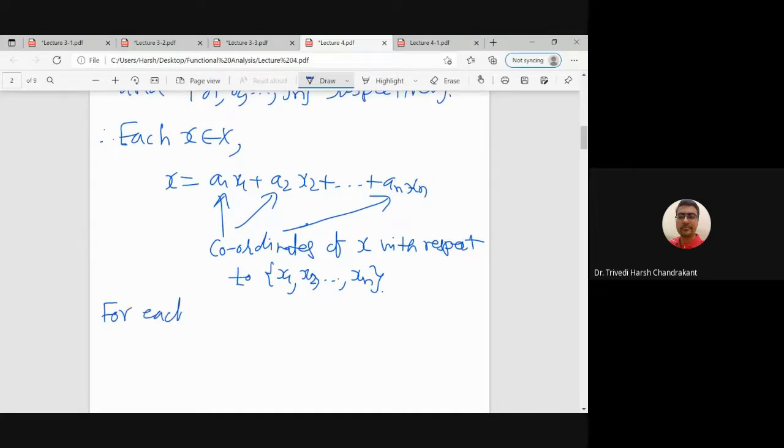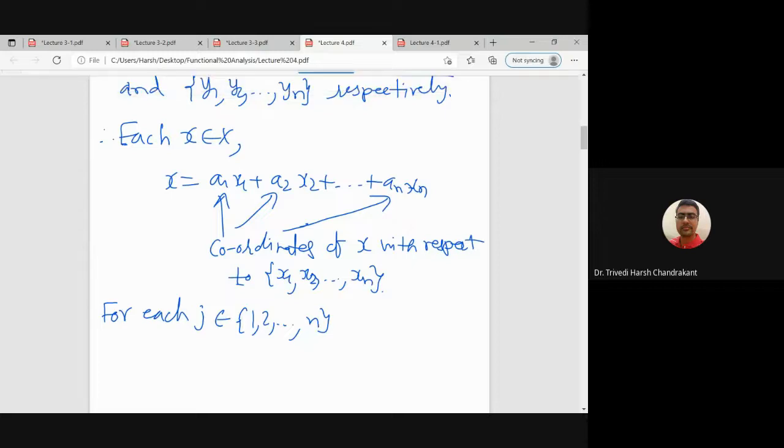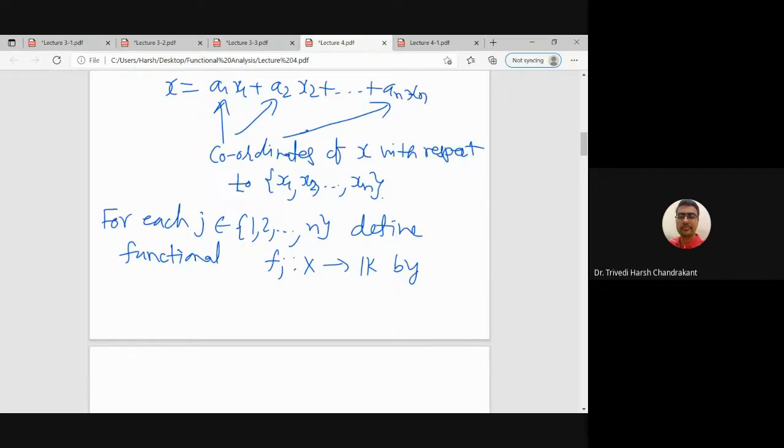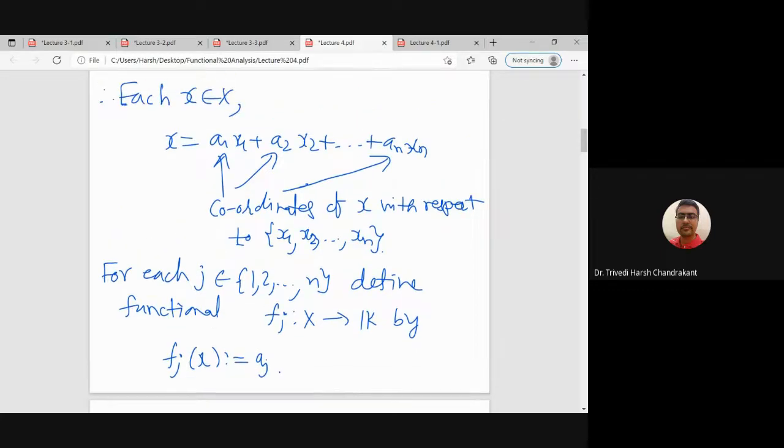For each j between 1 and n, define a functional fj from X to K. We define fj on each element x as aj, where aj is the jth coordinate.